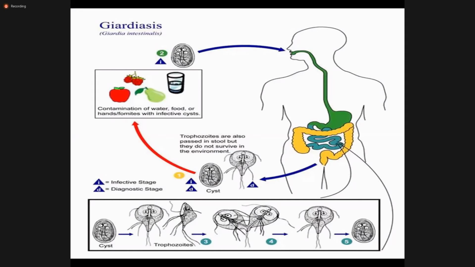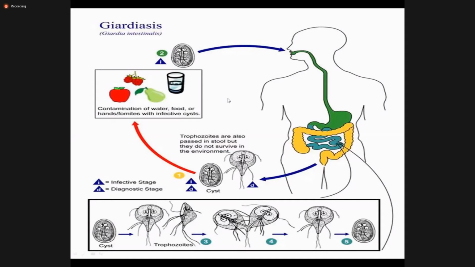Again, the cyst has 4 nuclei, and the trophozoite has 2 nuclei, as shown here, and it is oval in shape. Giardia antigen or serology is more diagnostic, and the string test is usually done.